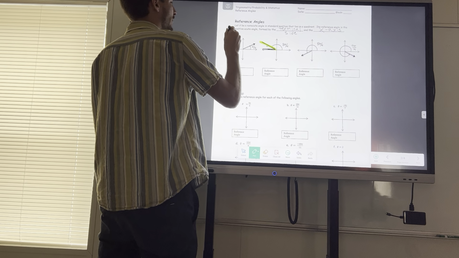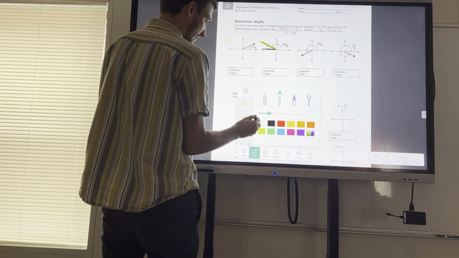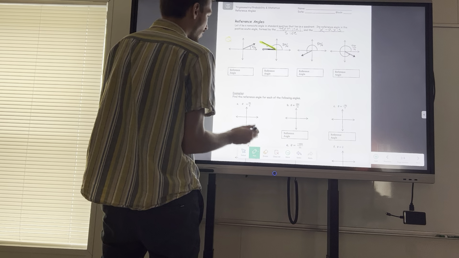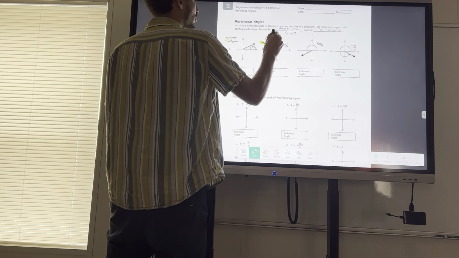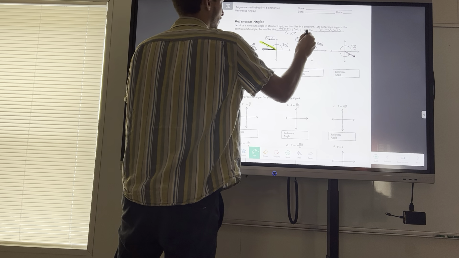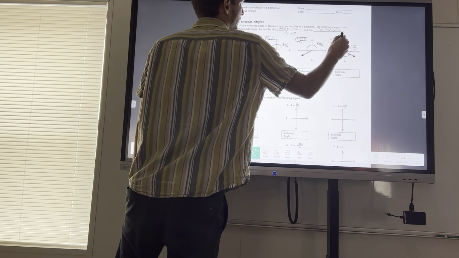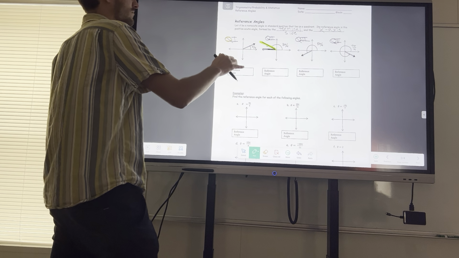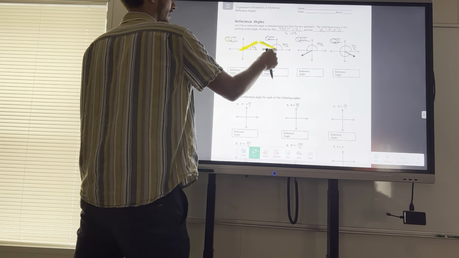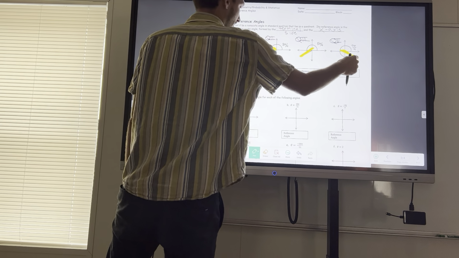First of all, worth pointing out that this is quadrant 1, and this is quadrant 2, and this is quadrant 3, and this is quadrant 4. You see this? Quadrant 1, quadrant 2, quadrant 3, quadrant 4, right?